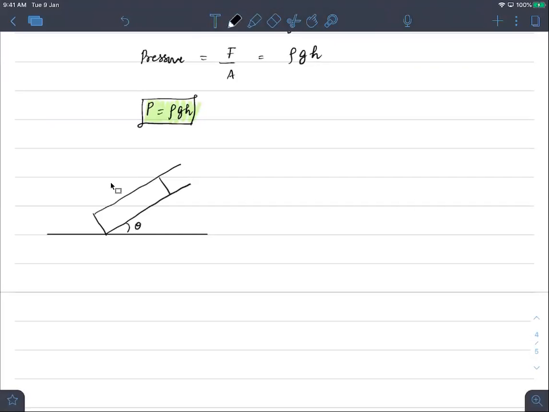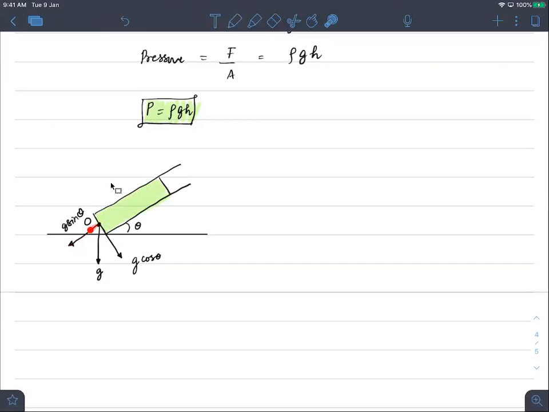So the same liquid is present inside, and this time I'm trying to calculate the pressure at this point O. This is the same point O. Now gravity will only act downwards. So if at this point gravity is acting here, g, then it will have two components. This will be g cos theta and this will be g sin theta. Yes or no? I hope all of you are able to follow this.